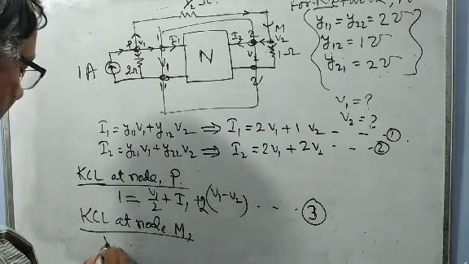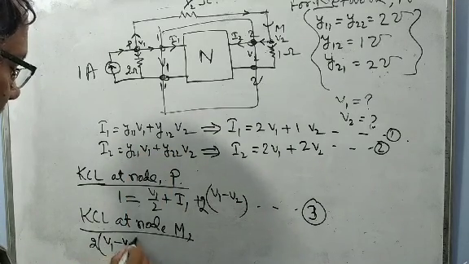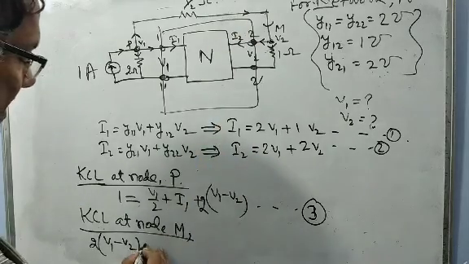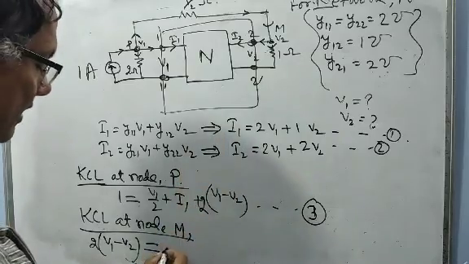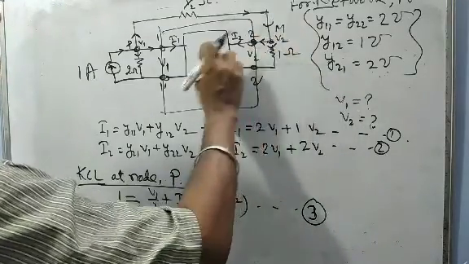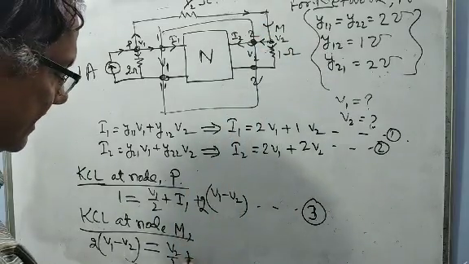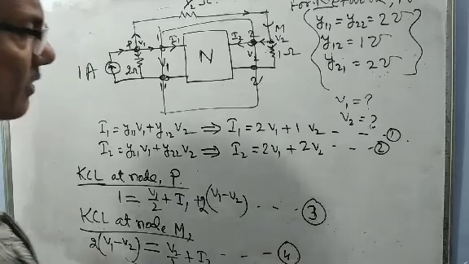So V1 minus V2 by half, meaning multiplied by 2, should be equal to this current. What is this current? V2 by 1, this potential. And what is this current? It is given, that is I2. So this is our equation 4.